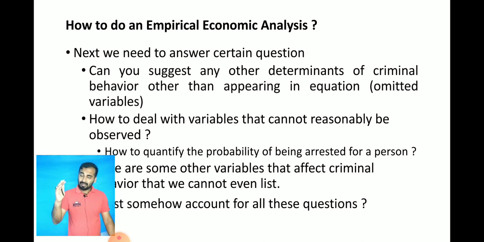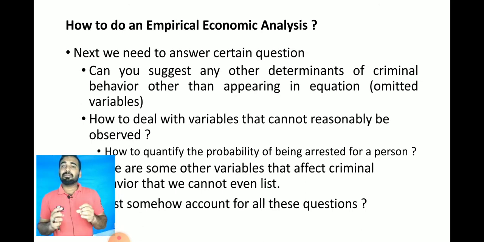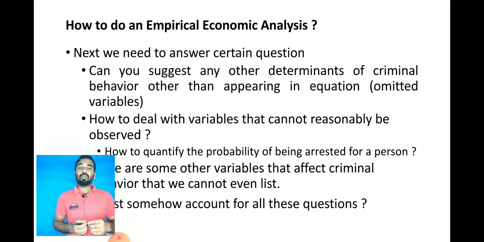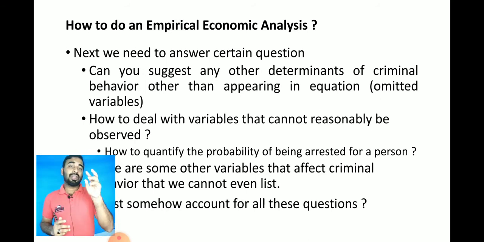And there are some variables that affect criminal behavior, but that we cannot even list out. So when we prepare a model, we have to account for all these things. All these matters have to be taken into account.